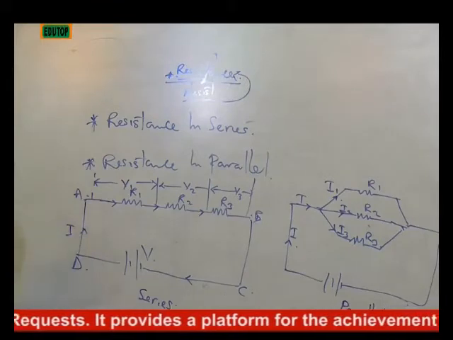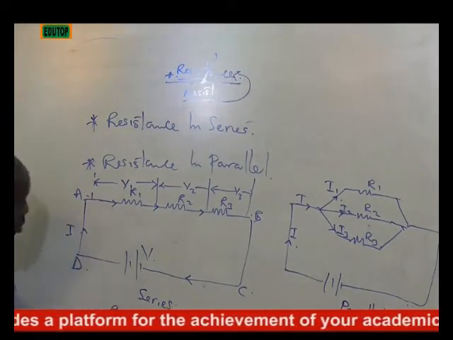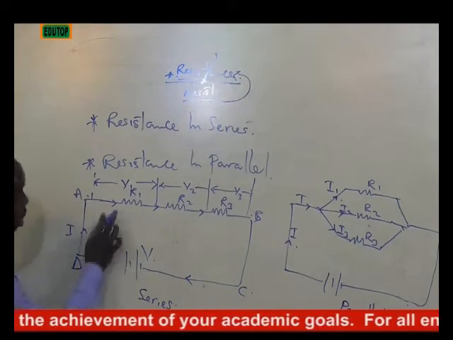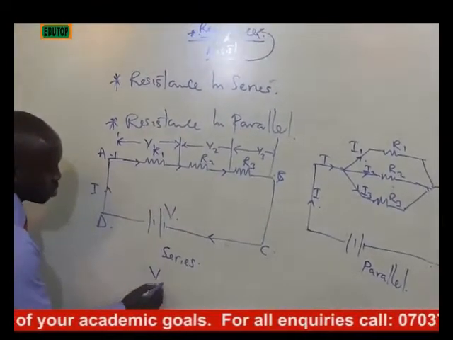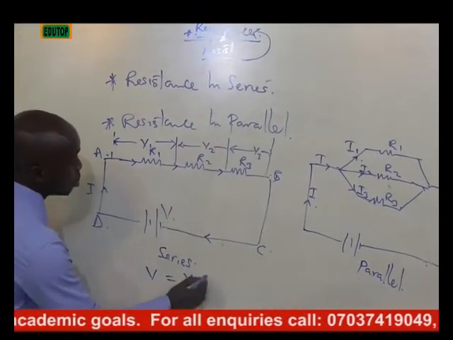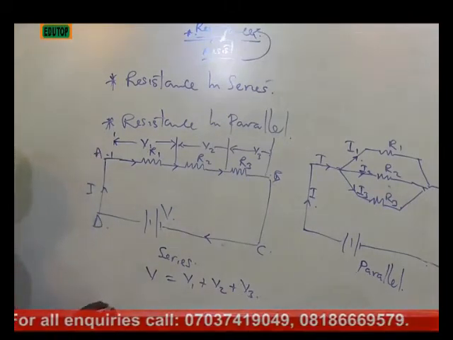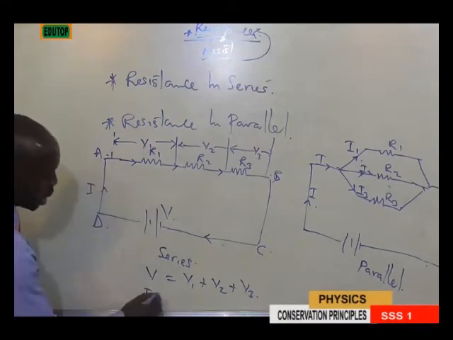So for your series connection, remember we said it is the same current that passes through them. So you can have your normal V, which equals V1 plus V2 plus V3. If you are to break this down, you're going to have your V. If you recall, your V is IR.